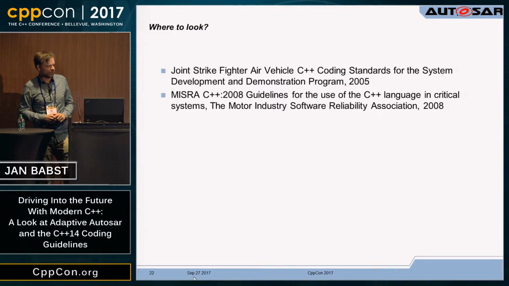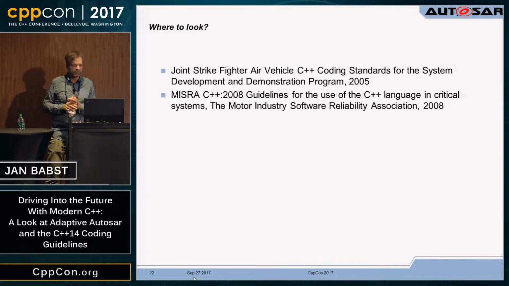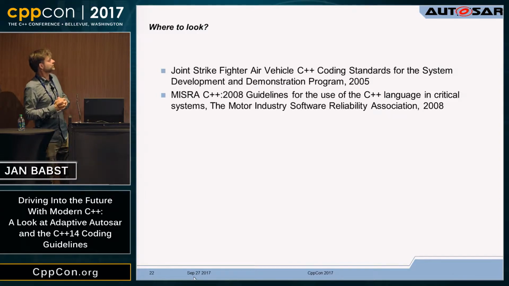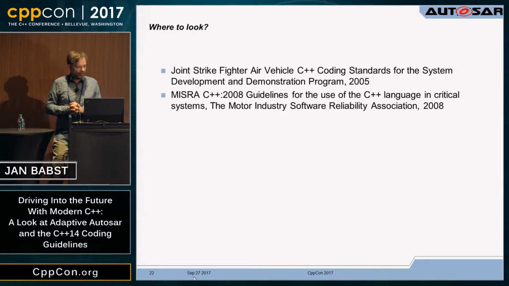Then MISRA. MISRA is the Motor Industry Software Reliability Association. They have created guidelines for C, and they have also created guidelines for C++ in 2008. If you do C++ in the automotive industry, you come across these guidelines.